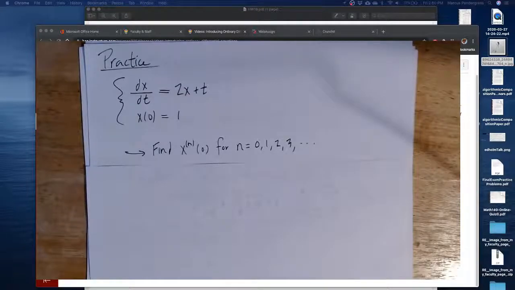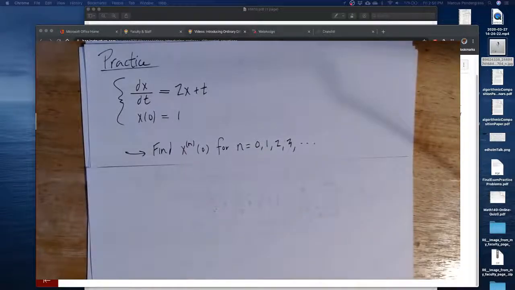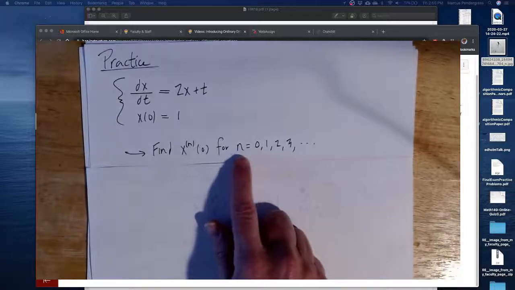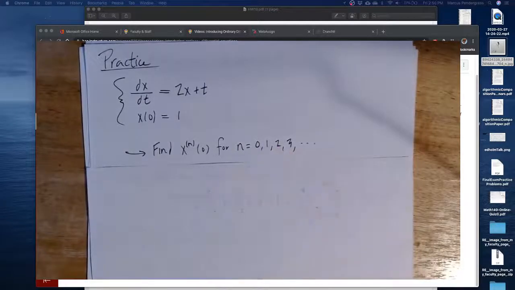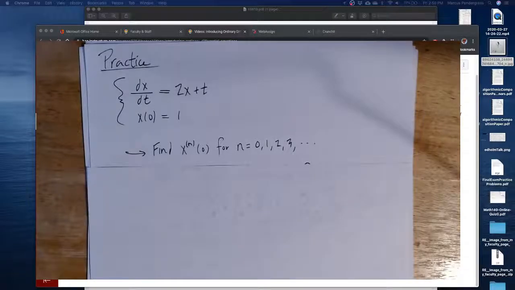The first step is to use the initial value problem to find an expression for the nth derivative of x at 0 for values of n from 0, 1, 2, 3, and on. So you want to find the nth derivative at 0 for any non-negative integer n. That's basically a pattern recognition thing. You're probably going to have to compute 3 or 4 derivatives, see the pattern, and write that pattern down, and that'll get you your nth derivative at 0.